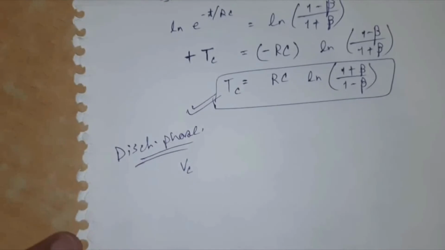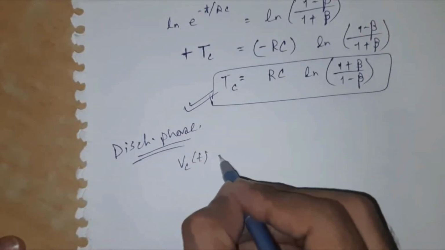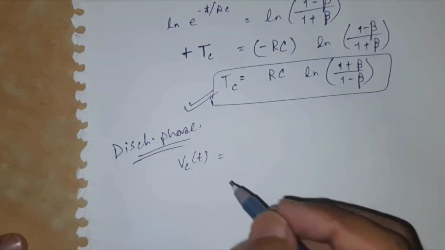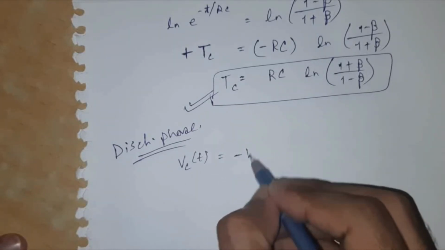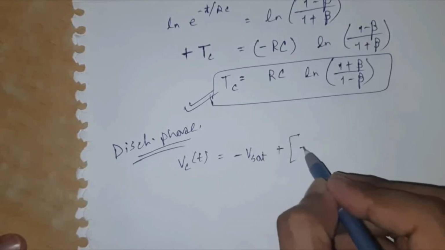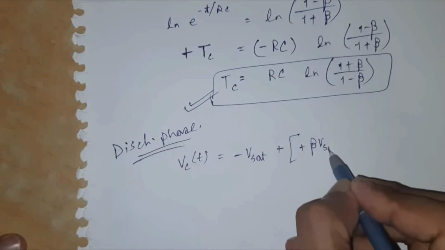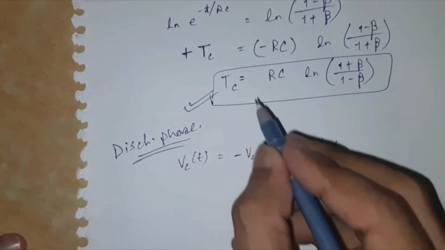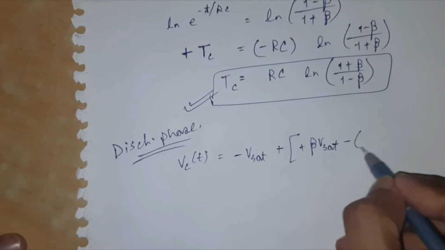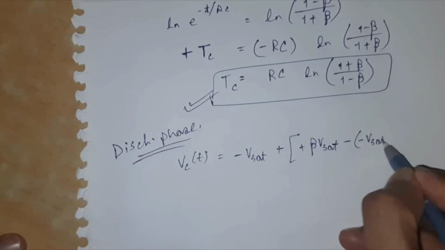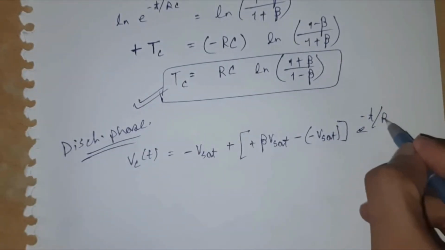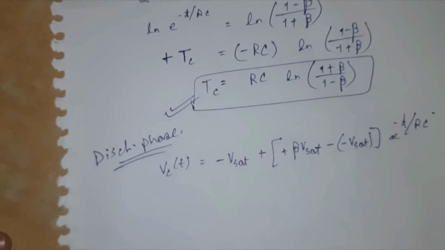Again the capacitor voltage Vc(t) will be given by final plus (initial minus final) e to the power minus t by time constant. Here it will be minus Vsat, that is the final value, plus (beta Vsat minus (minus Vsat)), where beta Vsat is the initial value from where the voltage of the capacitor will start to discharge, times e to the power minus t by time constant, that is again RC.